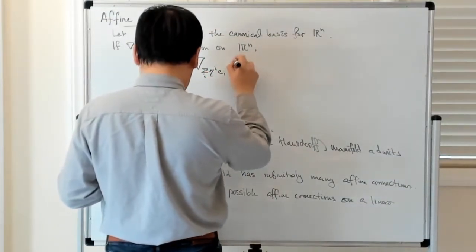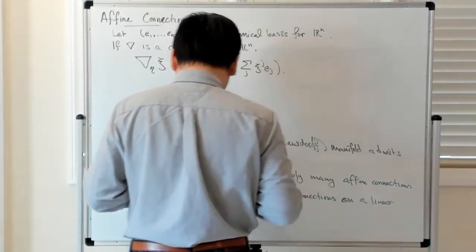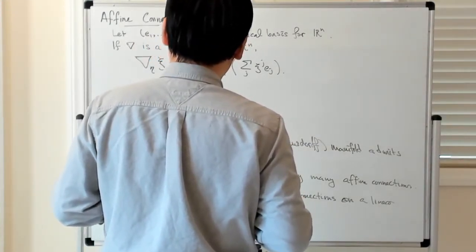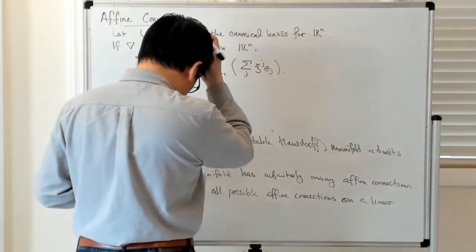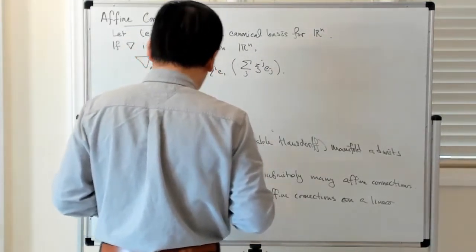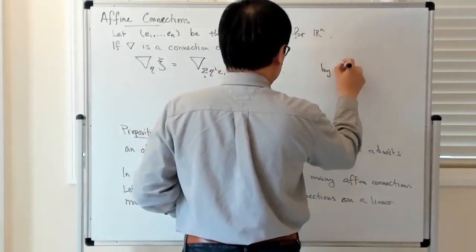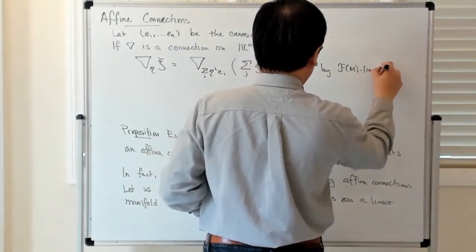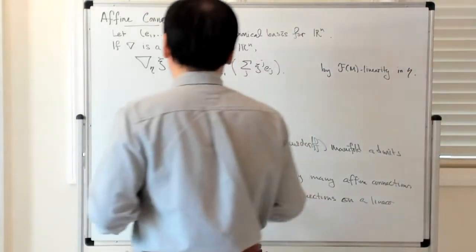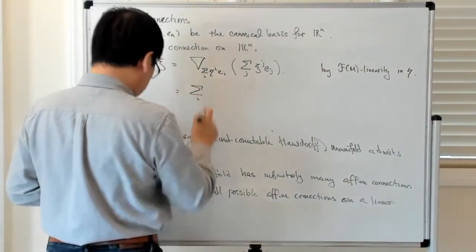There's a sum over i here, and then there's a sum over j of zeta^j e_j here. Now by F-linearity in the first variable, I can take this sum out, this sum over i.